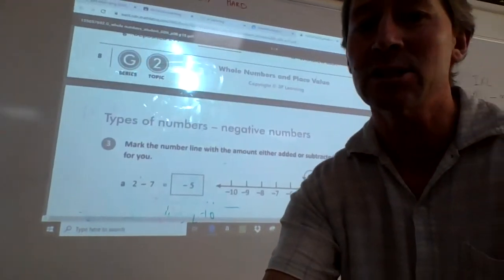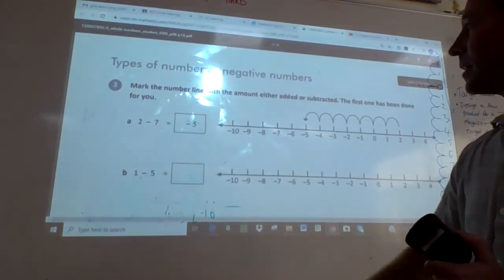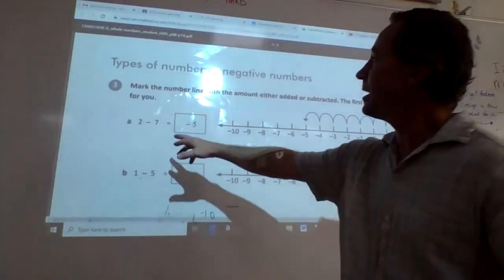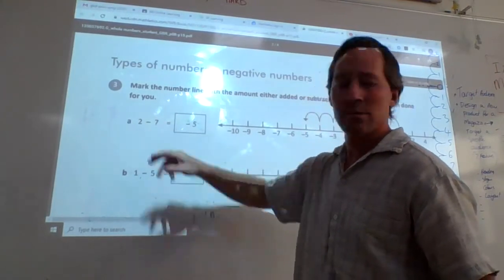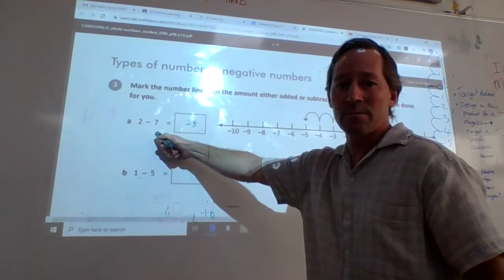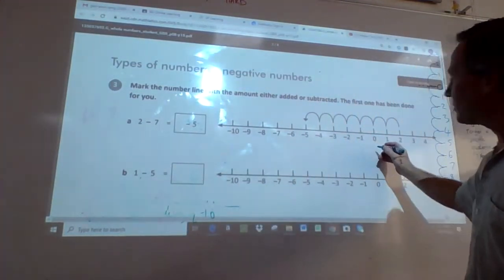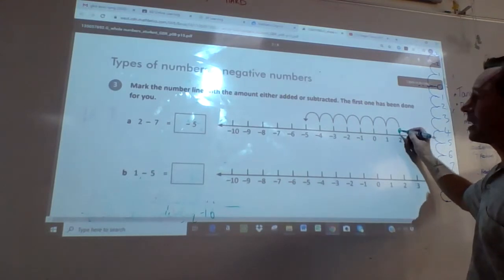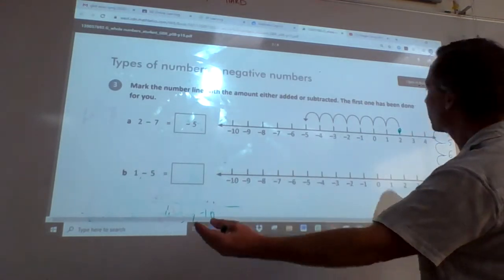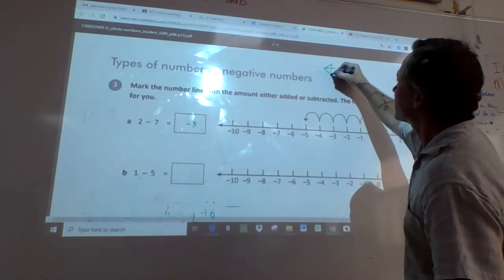Let's put this into action with one of these here. Here's a number line here. And we'll just use this one for an example. Here it's saying 2 minus 5. 2 take away 5. So here is my number line. It's already been done for us. We're at 2 and it's saying we're going to minus. So whenever you've got minus, we're going to go to the left.